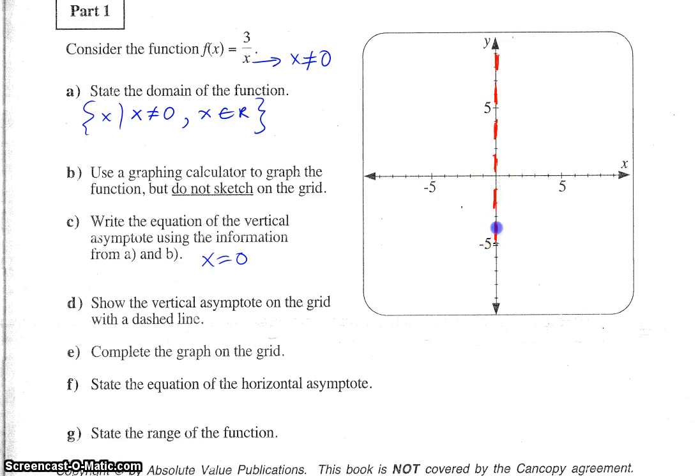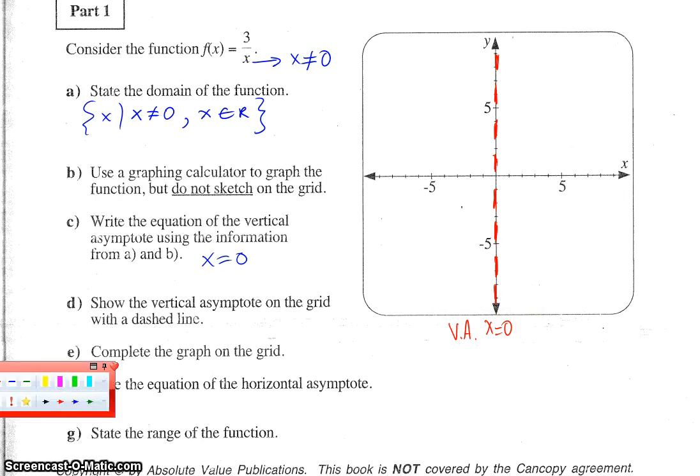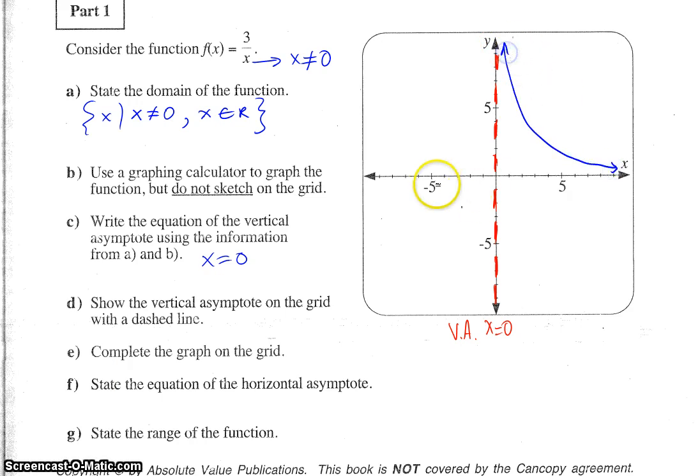I know it's not easy to write it right on the axis. Okay, so that's our vertical asymptote of x equals 0. Now we can complete drawing the graph, which basically looked like this, and like this. And there we go.